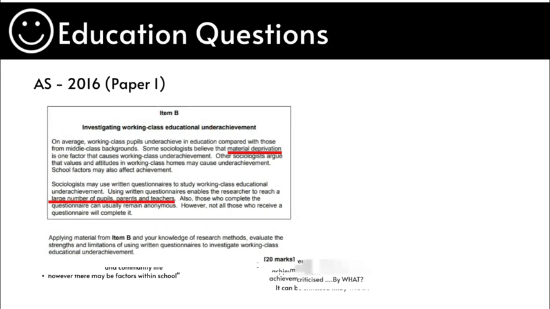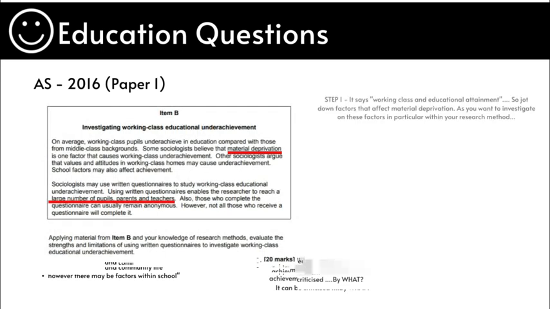When you have an item, you have to apply it to a research method. Okay, so step 1, it says working class and educational achievement. So jot down the effect. It's meant to be with the E, sorry about that. Material deprivation, as you want to investigate these factors in particular within your research method. So let's go back to the education topic.